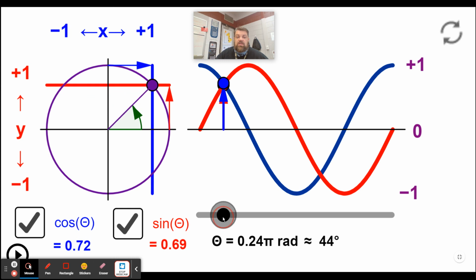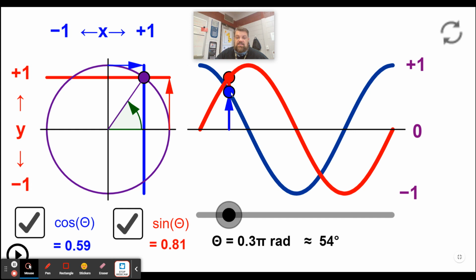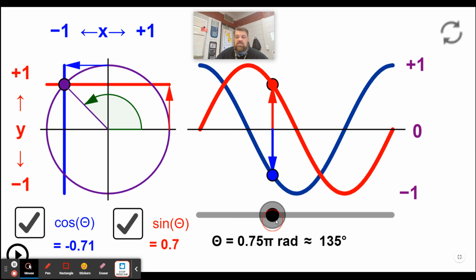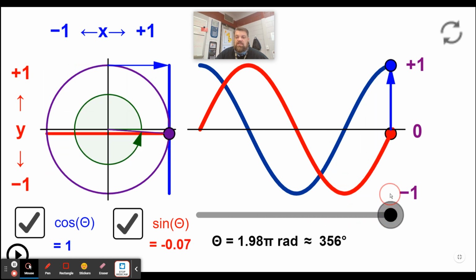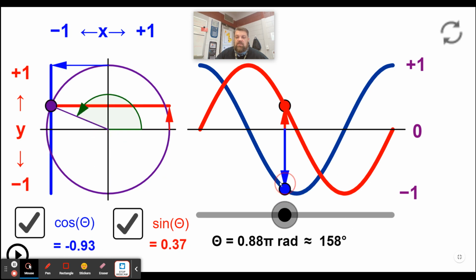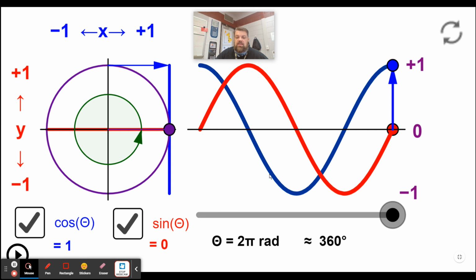And that's referring to the x values. So see how this distance here, that's the same as this distance here, which is the same as this distance here. So cosine is referring to the x values with regards to theta, and sine is referring to the y values with regards to theta. Okay, so that's what they look like.